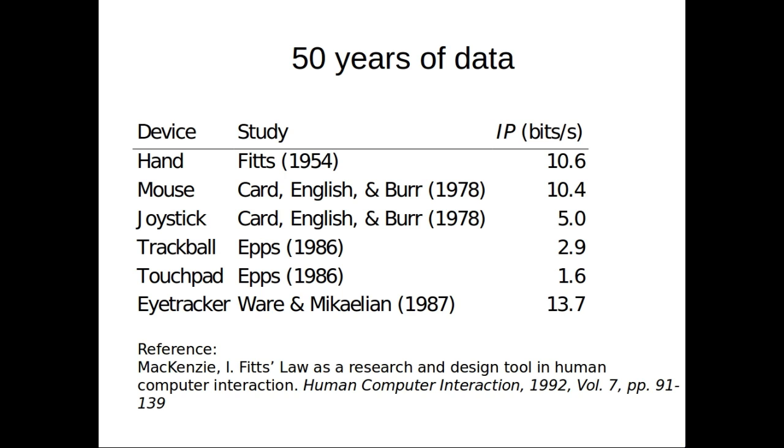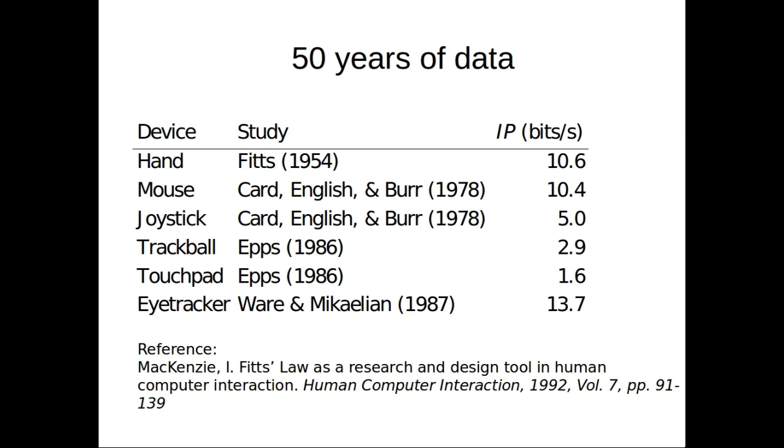After Fitts, many researchers looked at this fundamental problem of reaching in a computer task, and measured IP, the index of performance, in bits per second. That is a capacity.